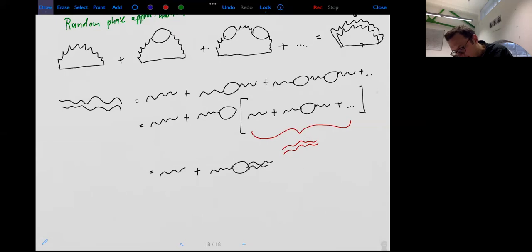It looks like this, right? So this is basically the Dyson equation for the screened interaction. What is nice is that we have arrived at this just by diagrammatic arguments, without ever having to write down an equation. So this is again a very nice way to do science, I think.